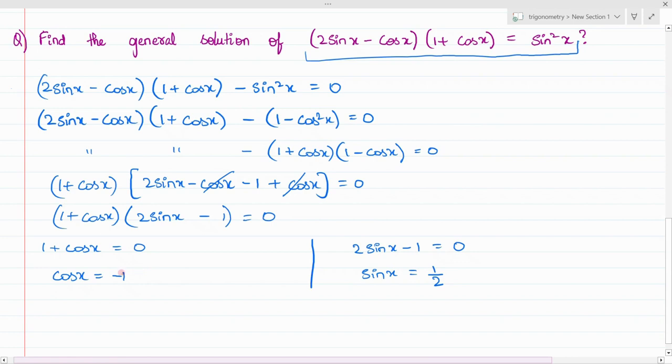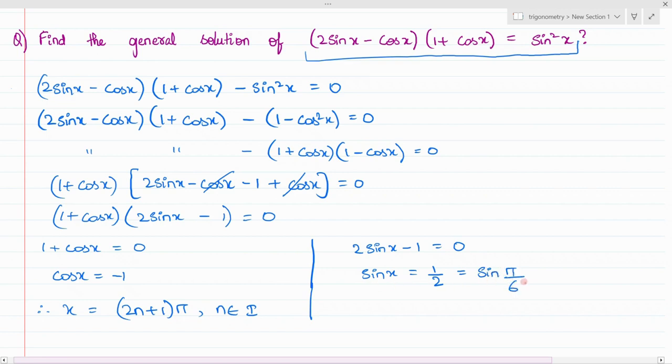Now cos theta equal to minus 1: for this we have seen a general solution for the simple trigonometric equation. So this can be written as x is equal to 2n plus 1 times pi, where n belongs to all the integers.